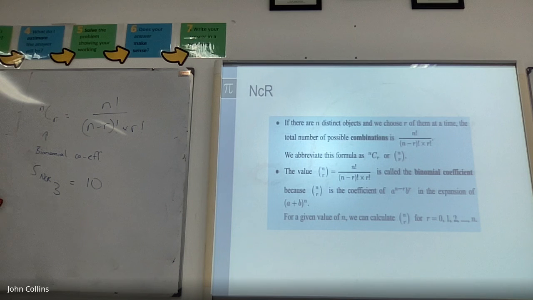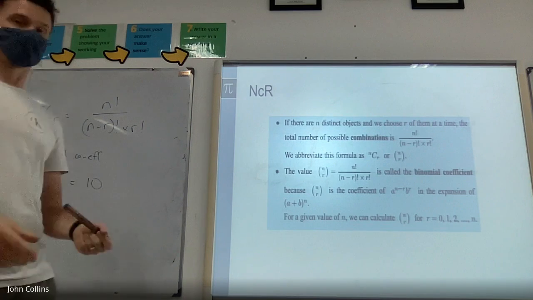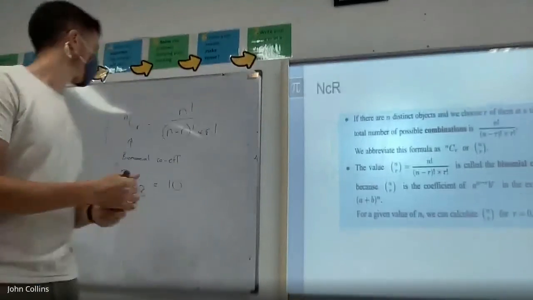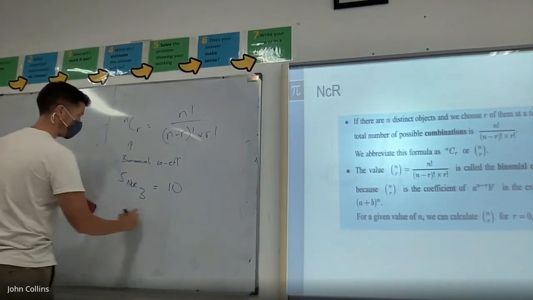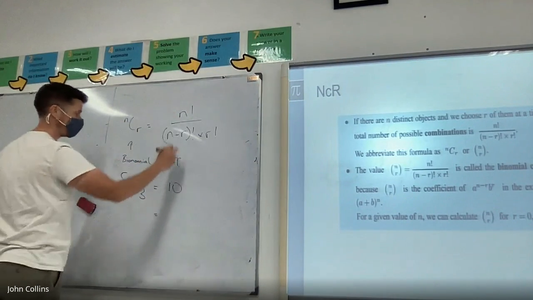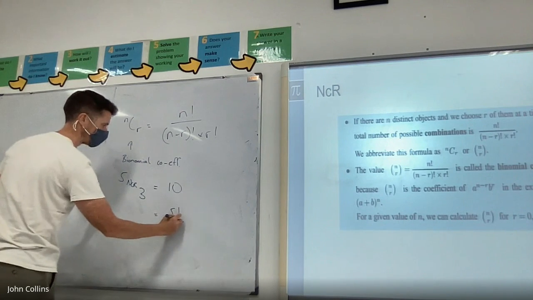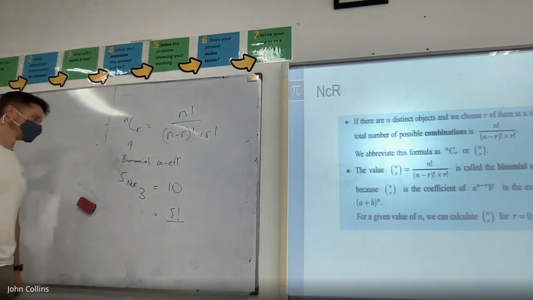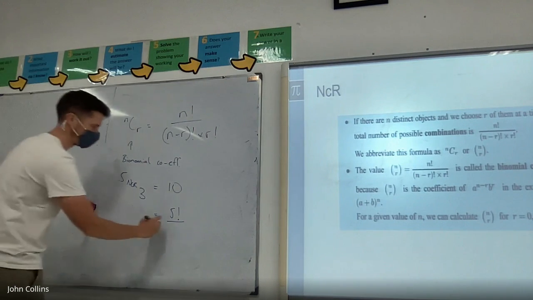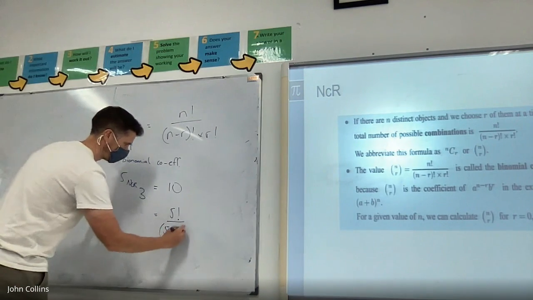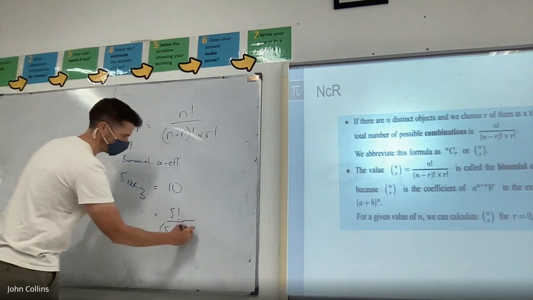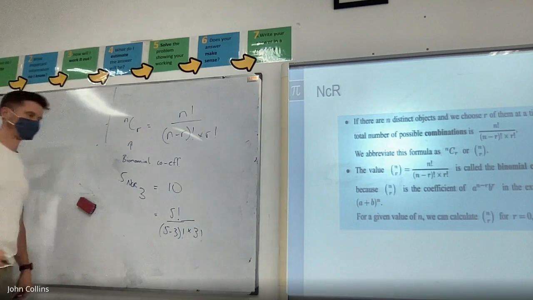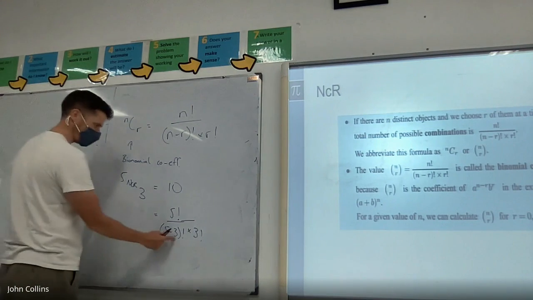And the last thing we're going to do is see, using the formula, do we get 10? So n is 5, r is 3. n is 5 factorial. n take away r is 5 minus 3 factorial, and multiply it by 3 factorial. 5 take away 3 is 2.